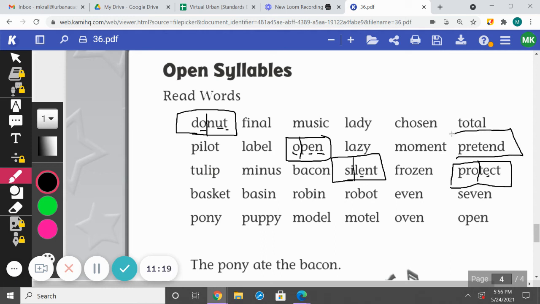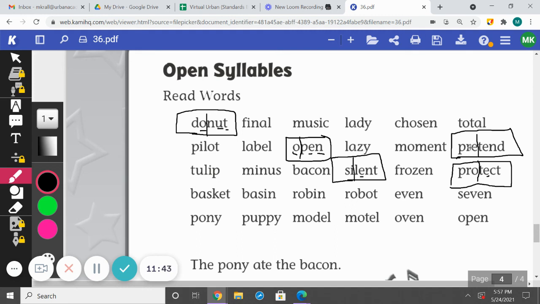So here we have pretend. Go ahead and yell out. How many syllables is pretend? Yeah, 2. Pretend. Go ahead and take your finger and put that line through it. Where are our syllables broken up? Yeah, pretend. Look at our first syllable.